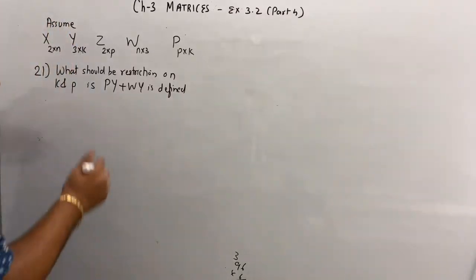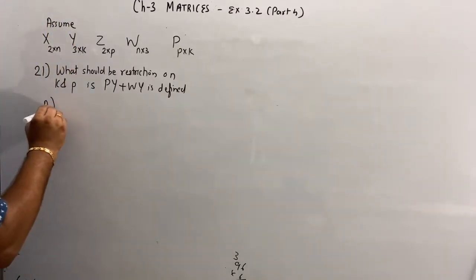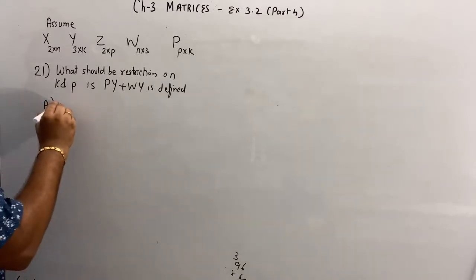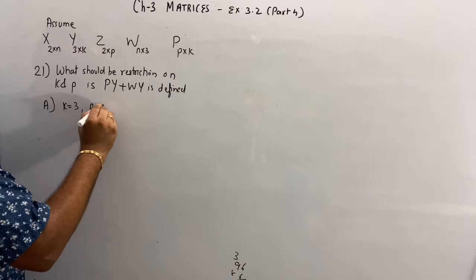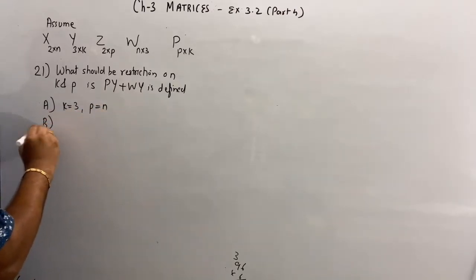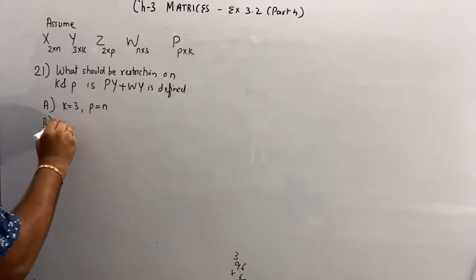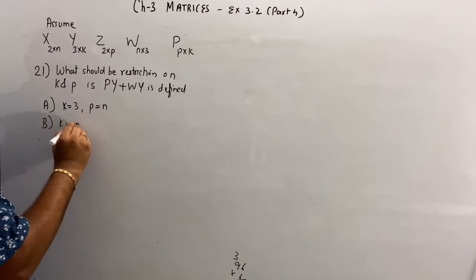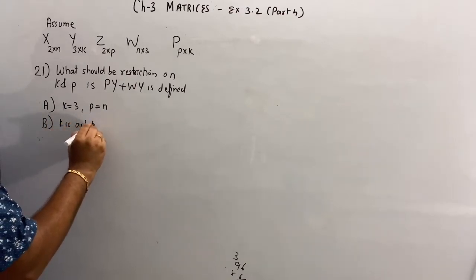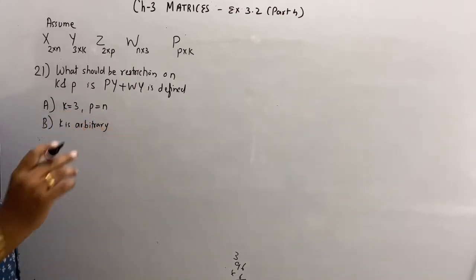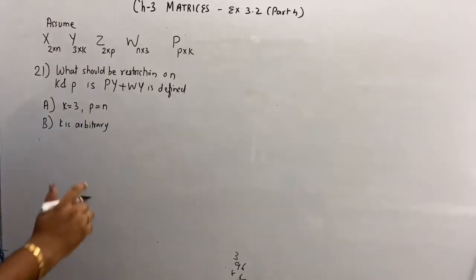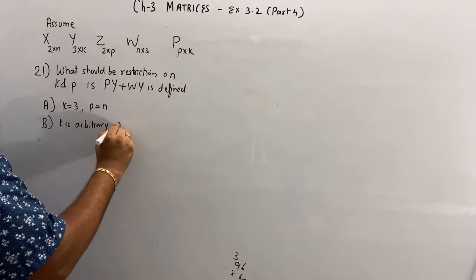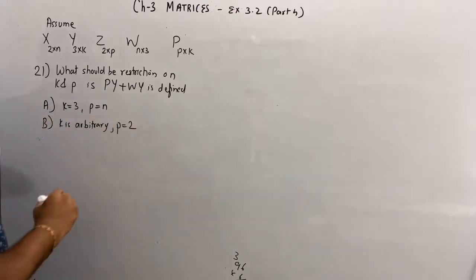Okay, so the options are, option A is K equal to 3, P equal to N. Option B is K is arbitrary. Arbitrary means it can have any value, and P equal to 2.